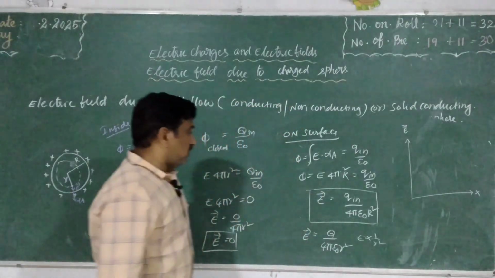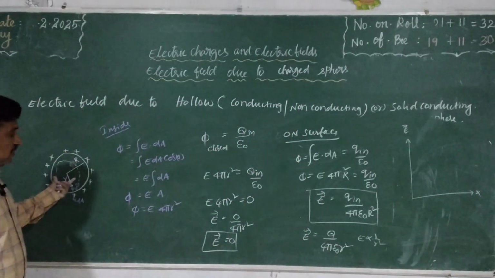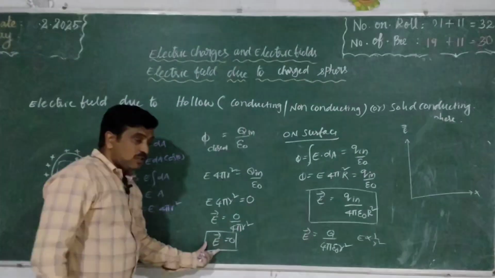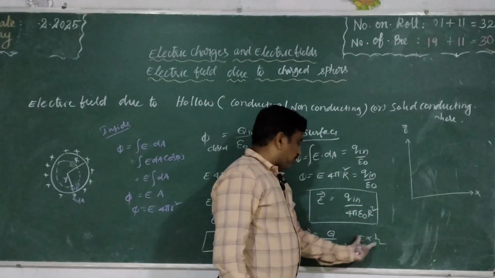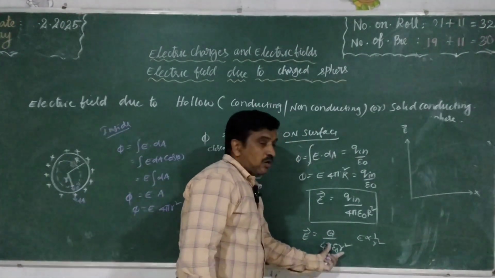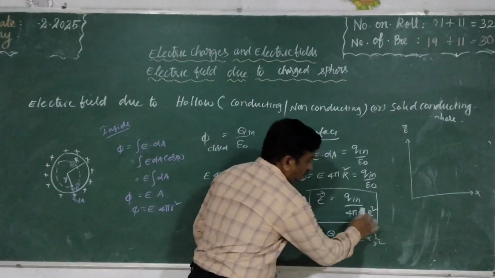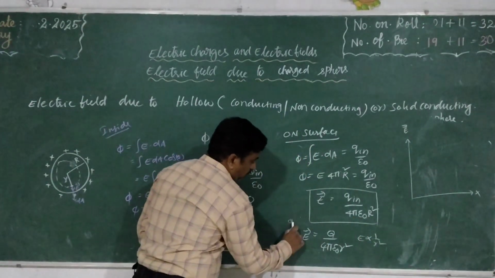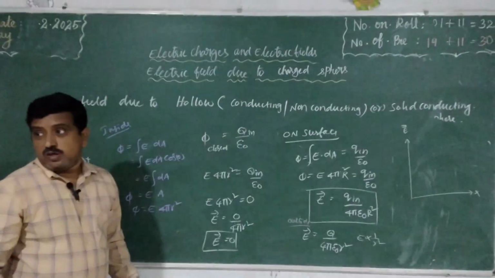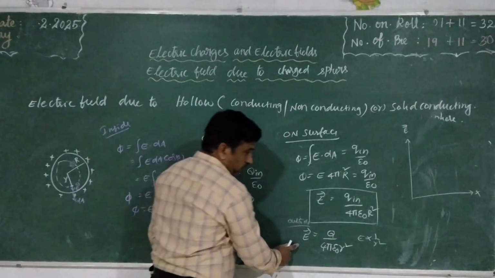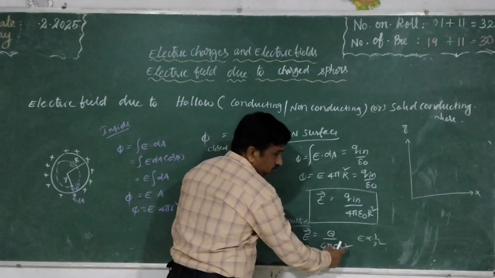The electric field due to this sphere inside, at a distance from the center, is 0. On the surface it is q by 4 pi epsilon naught capital R squared. Outside the surface, E equals q by 4 pi epsilon naught small r squared.